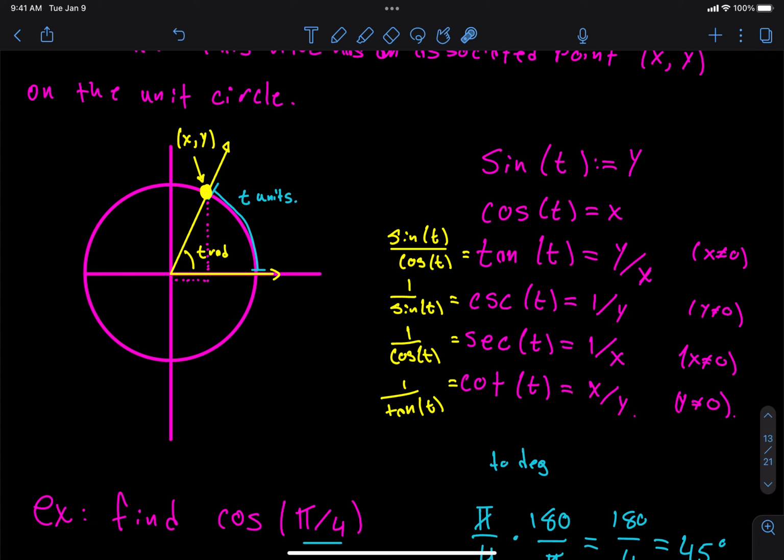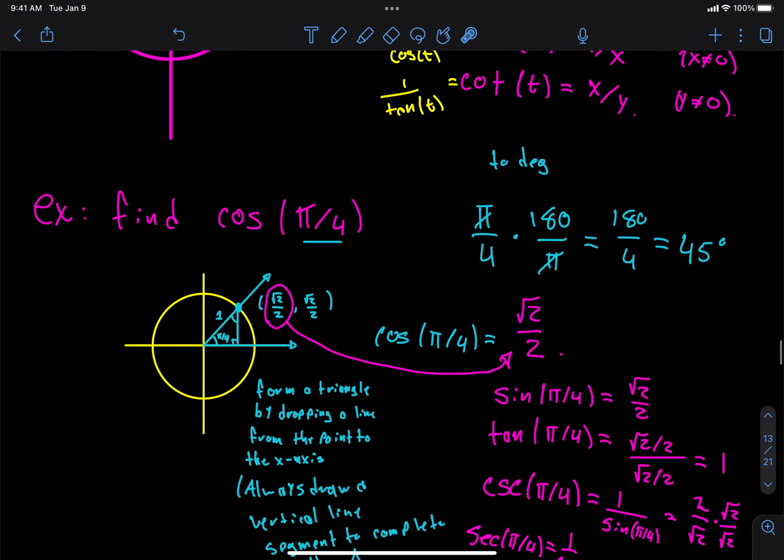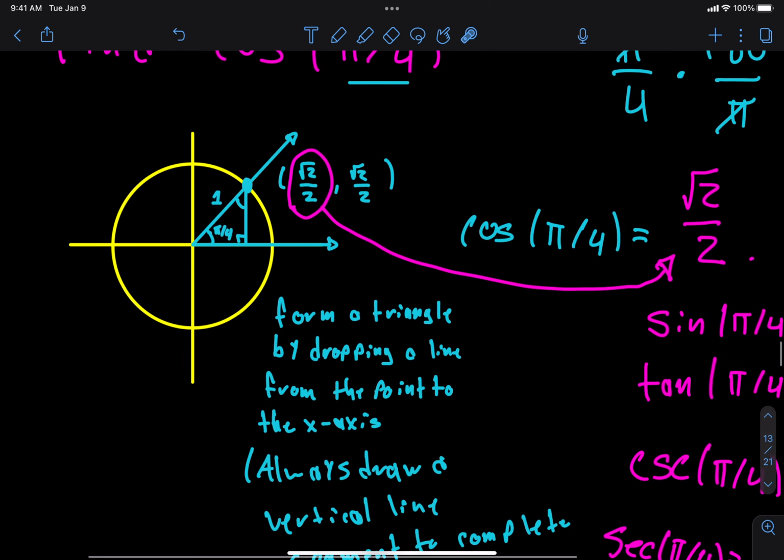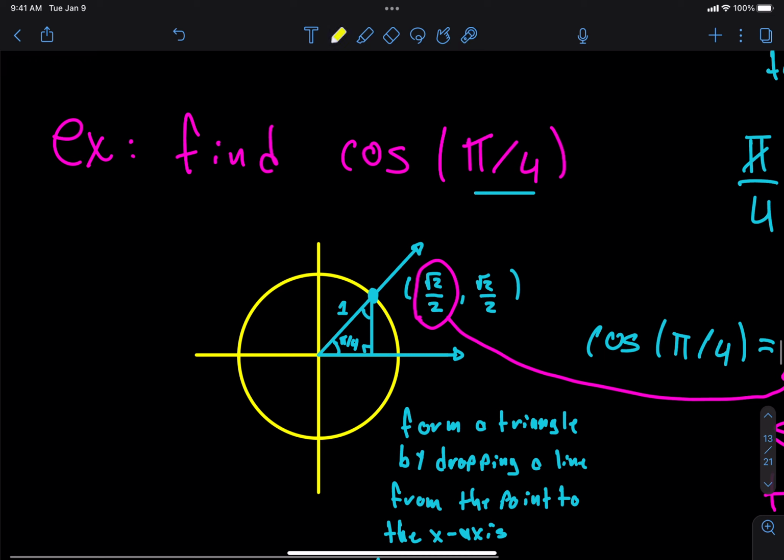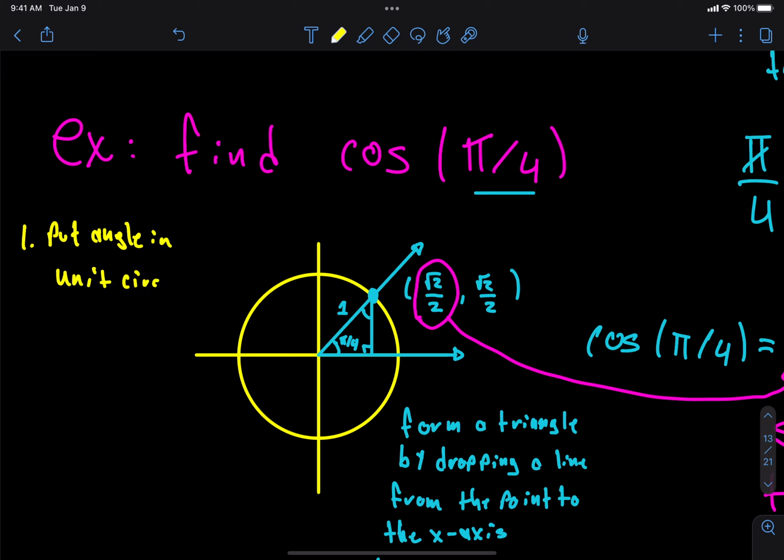Okay, so we learned basically the steps which we use to find sine, cosine, tangent, cosecant, secant, and cotangent of various angles. So what do we do? The steps go like the following. The first step is to put the angle in the unit circle in standard position.